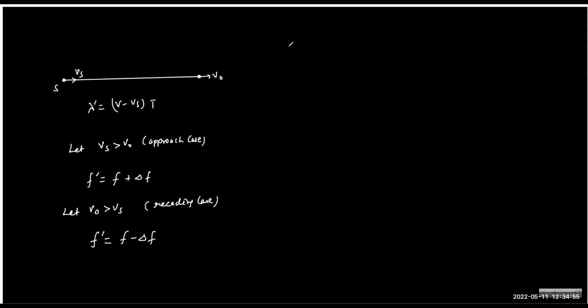But the delta F will be defined differently in both cases. In this case, the delta F means, because you're approaching, Vs minus V naught, the relative velocity, upon lambda dash. But in this case, receding, delta F is V naught minus Vs. And if you substitute in any of the formulas, you get the same answer, because the change of sign is the change of position of V naught and Vs. So it will give you the same answer.